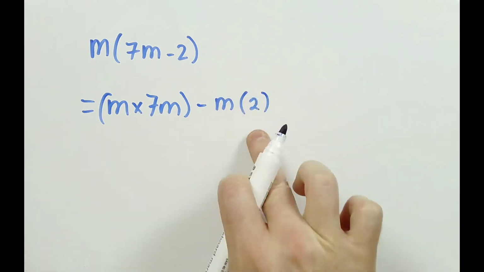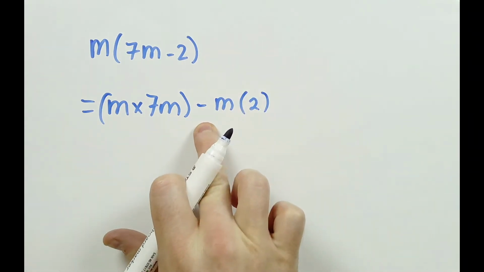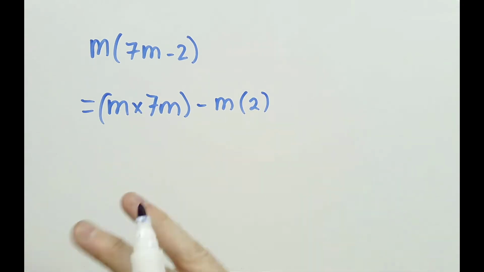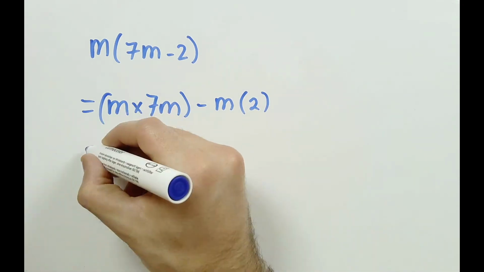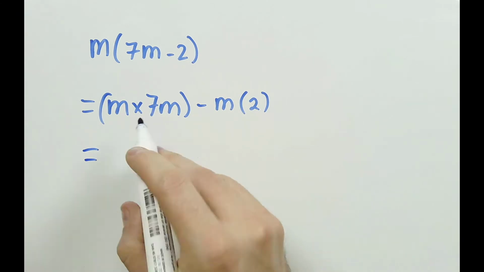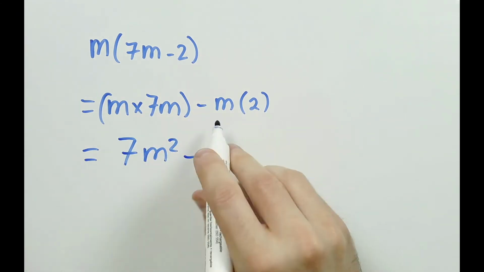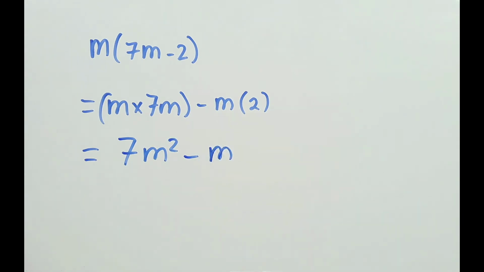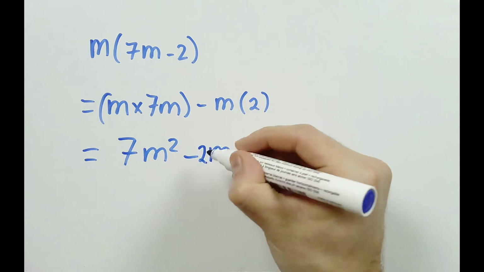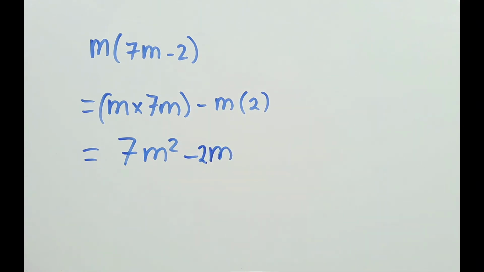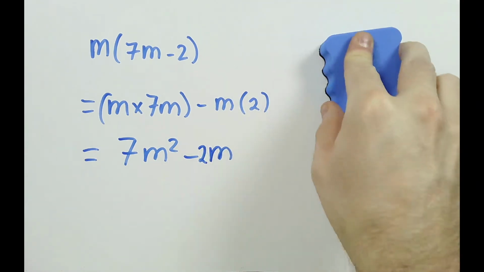And here I've just used the minus in the middle instead of in the last term. But you can, of course, do it like we did the first one as well. m times 7m, 7m squared, minus m times 2, minus 2m. So that's what we're left with, and that's the answer for that simplification.